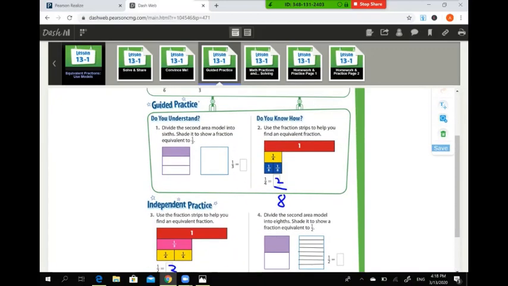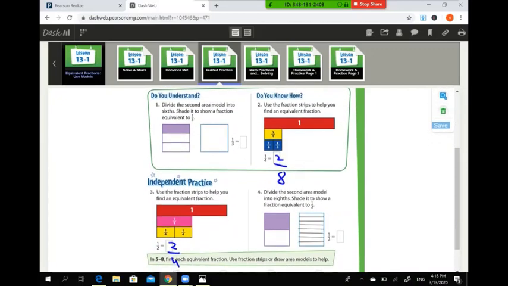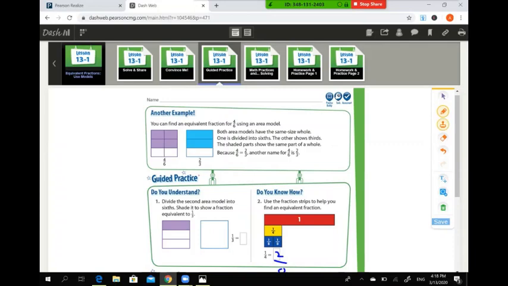Okay, we should shade 1/2. We should shade an equivalent fraction for 1/2. As we see, 1 part, 2 parts, 3, 4 parts give me an equivalent fraction for 1/2. Let me shade this part.